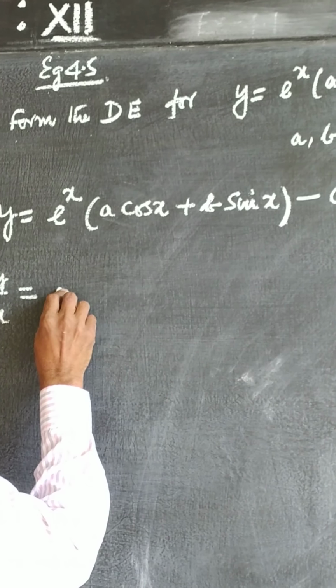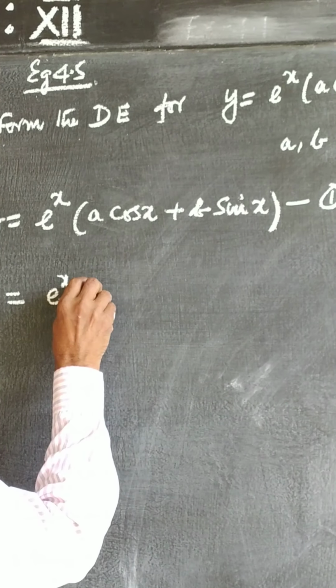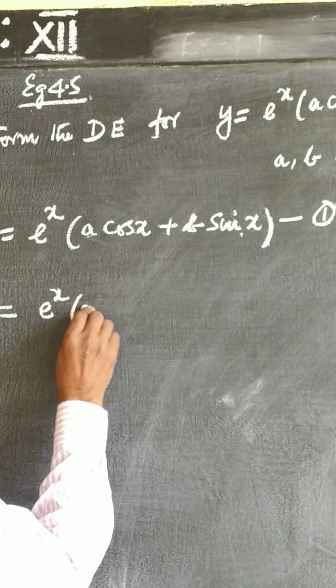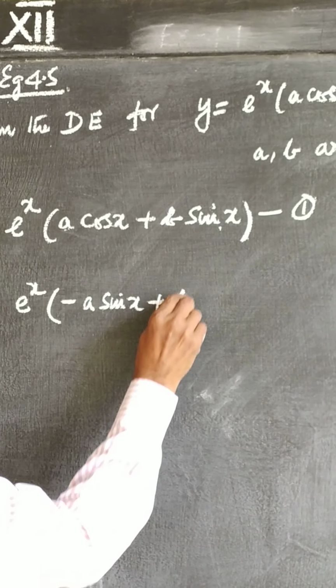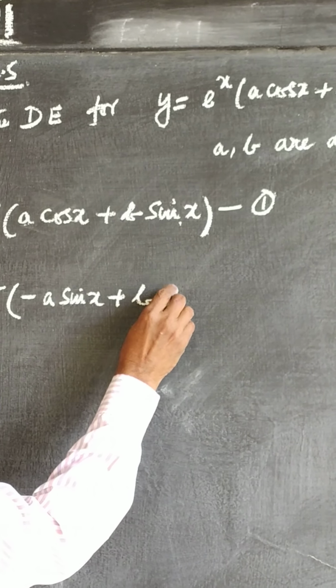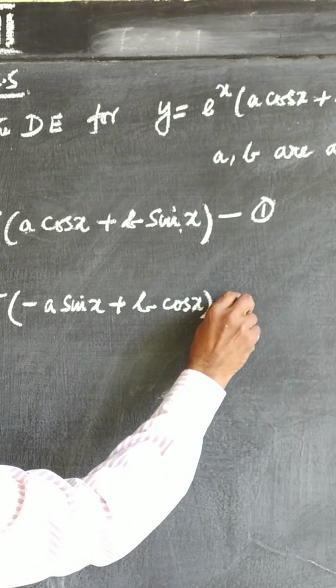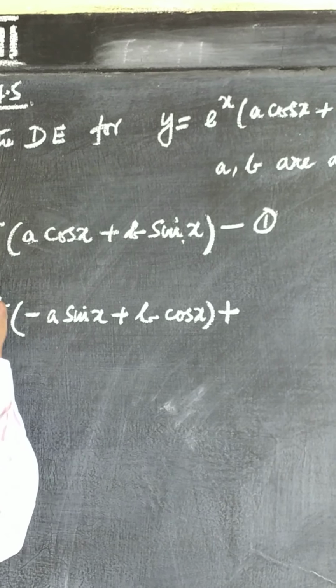Keeping u as it is, differentiate the bracket term, that is a cos x becomes minus a sin x, plus b sin x differentiated becomes b cos x. Plus, now we keep this as it is and differentiate e power x.